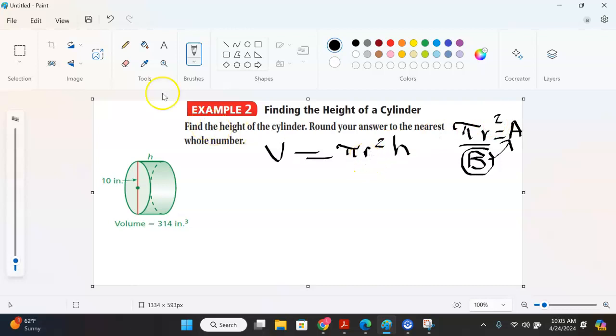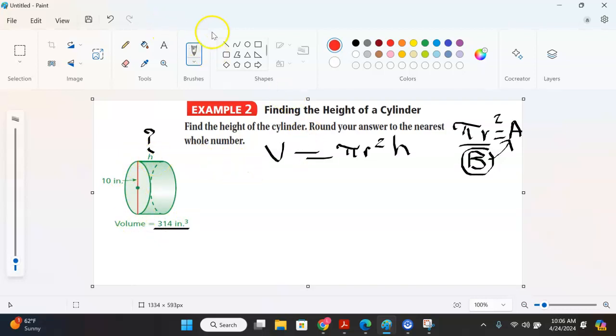All right, now for this example number 2, they didn't ask us to find the volume. They gave us the volume. They give us the diameter, and they're asking us to find the height. So now, instead of plugging in the radius and the height, squaring the radius, multiplying by the height, and then multiplying by 3.14, which is pi, to find the volume, they give us the volume and the diameter and ask us to find the height.